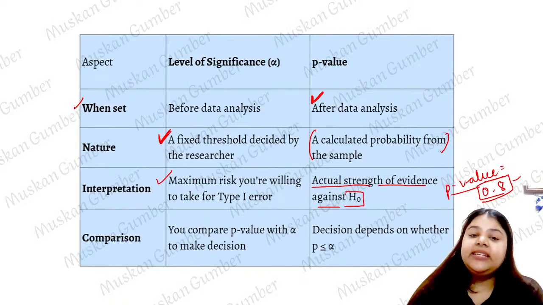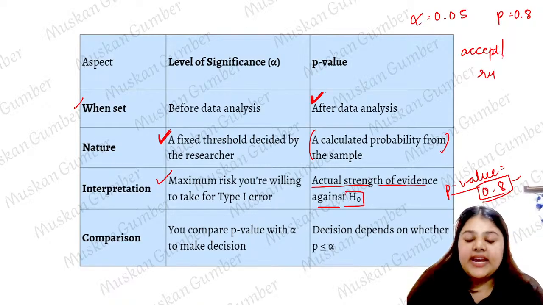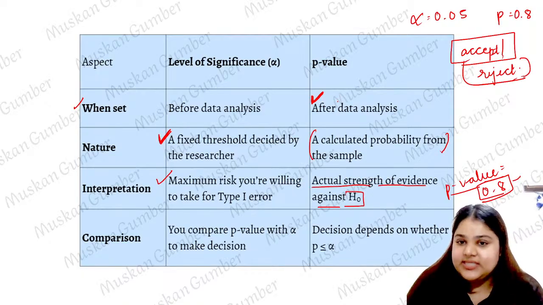Now for the final decision, we have to compare these values. My alpha value is 0.05 and the P value that I have taken is 0.8. Whenever you have to accept or reject a null hypothesis, we need to take certain things into consideration.